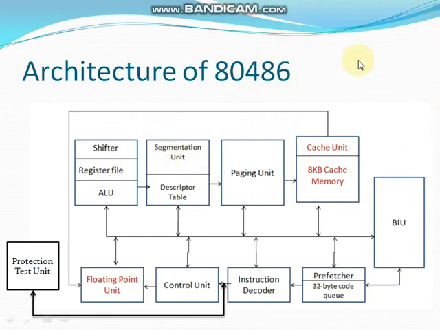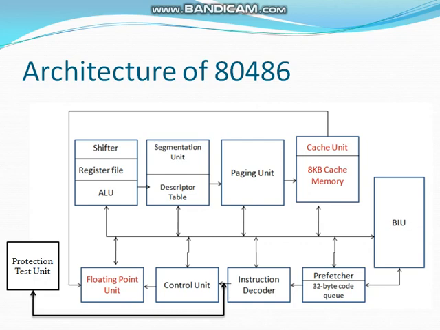simplified block diagram of the 80486. The blocks are the same as the 386. Only these two blocks are different, that is the floating point unit and the cache unit. The remaining blocks are the same as the 386. Here I am not going to explain each and every block in detail, but just give an overview of the processor.